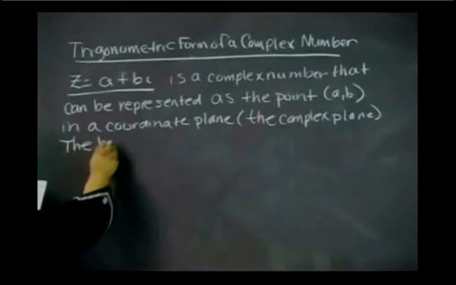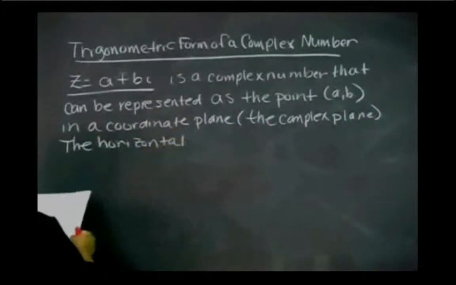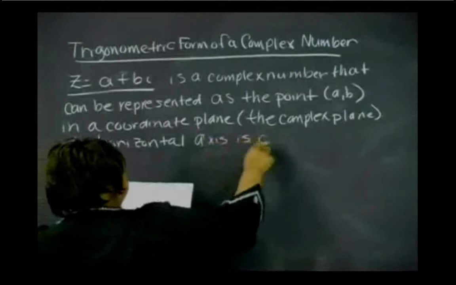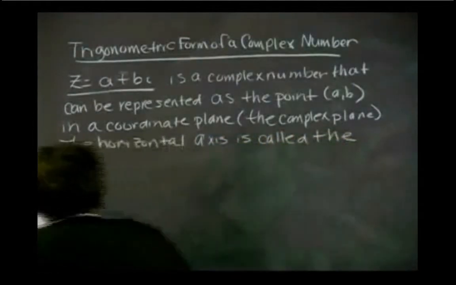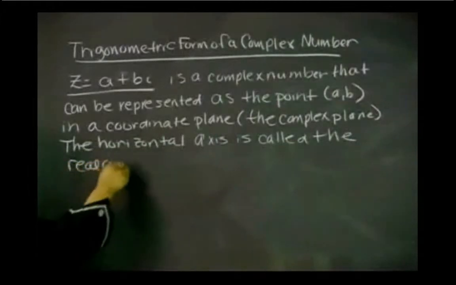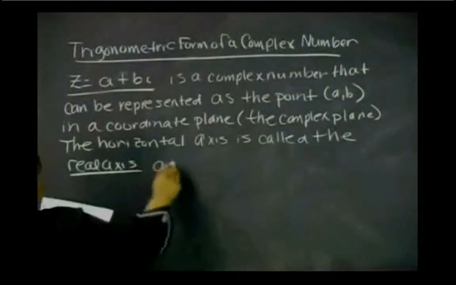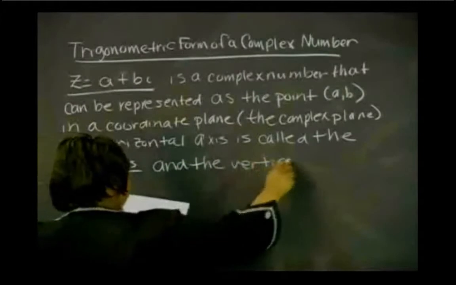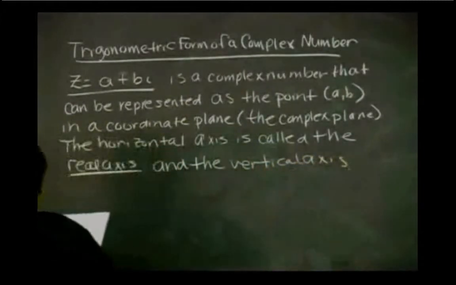The horizontal axis is called the real axis, and the vertical axis is called the imaginary axis.